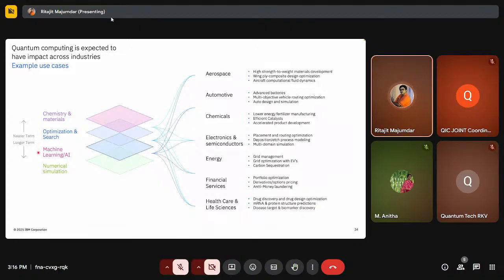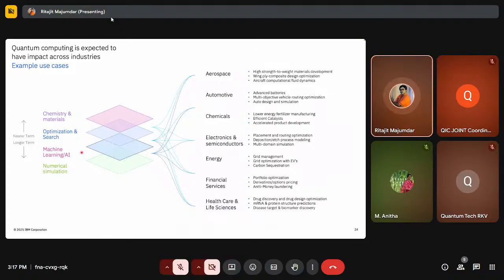Something that we don't expect to see much quantum advantage in very soon is machine learning and AI problems. I know that quantum machine learning is a huge buzzword, but if you have worked on it, you also know that quantum machine learning is nowhere near even performing what classical machine learning can.